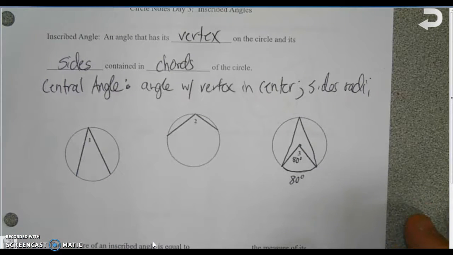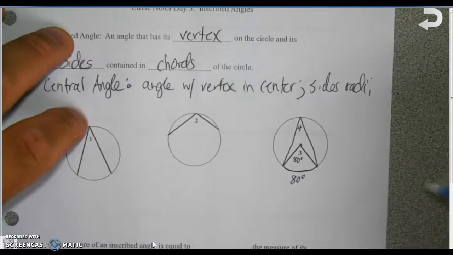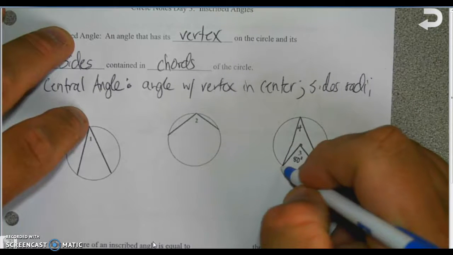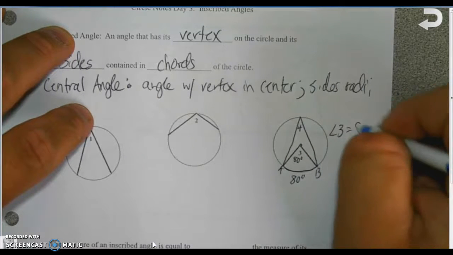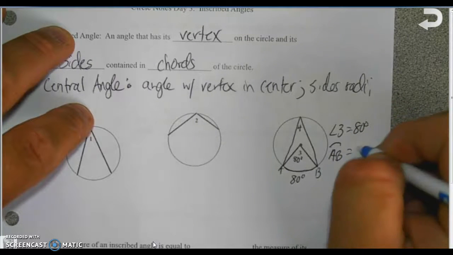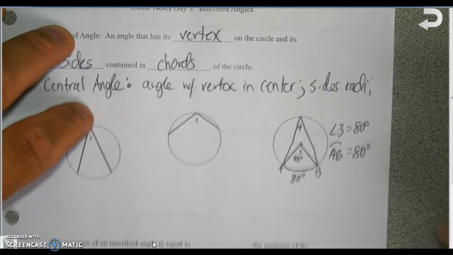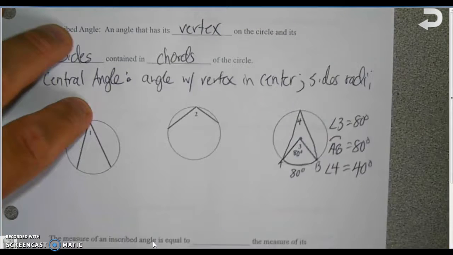So what we're going to focus on today is if this is angle 4, and I'll go ahead and name this arc AB, if angle 3 is equal to 80 degrees, and arc AB is 80 degrees, what we're going to learn today is that angle 4 is equal to 40 degrees.